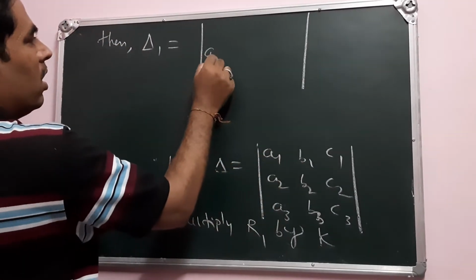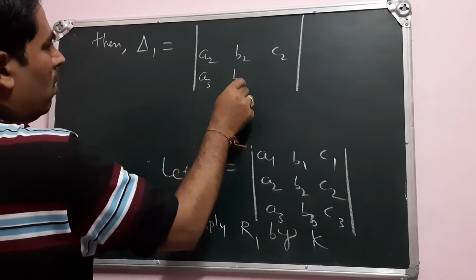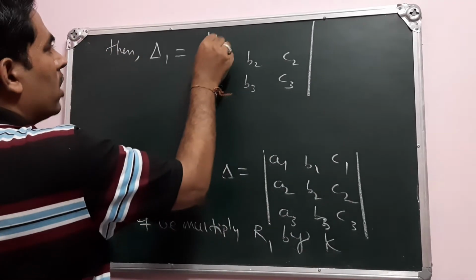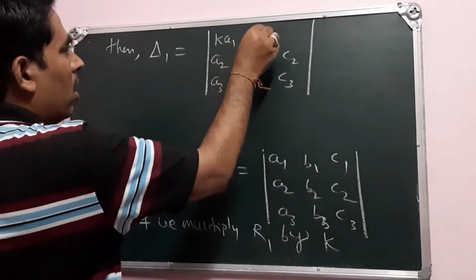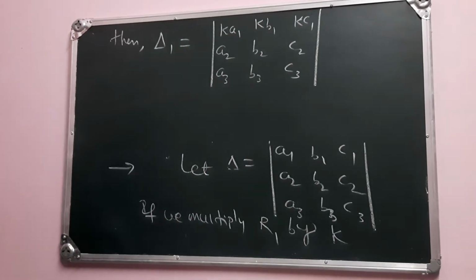So that means second row and third row will not change. Every element should be multiplied by k. So that will be ka1, kb1, kc1. So I got this.